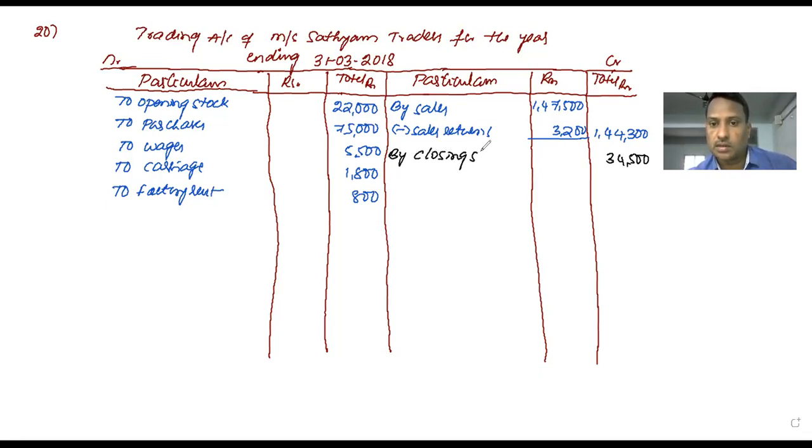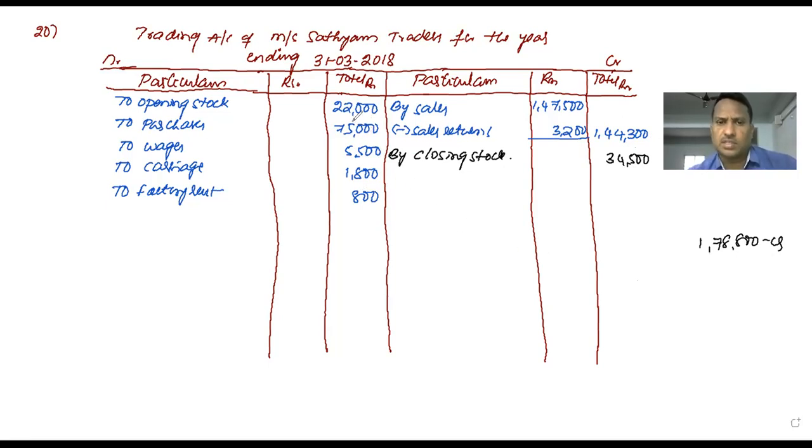Closing stock. Finished. The trading account is finished. Let's find out the gross profit or gross loss. For this, we have to total both sides in rough. First, the total on the credit side: 1,44,300 plus 34,500, 1,78,800 is the total amount of credit. Debit side: 22,000 plus 75,000 plus 5,500 plus 1,800 plus 800.